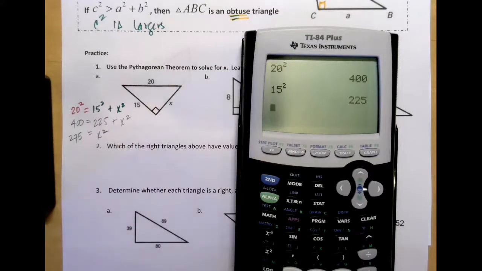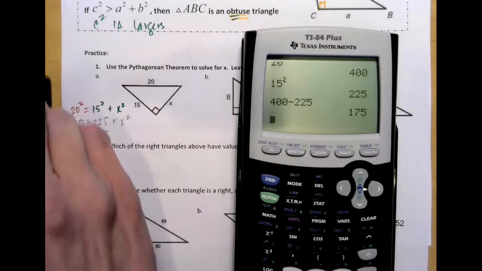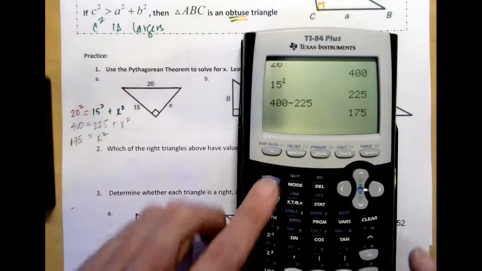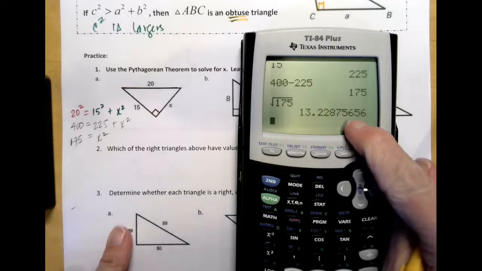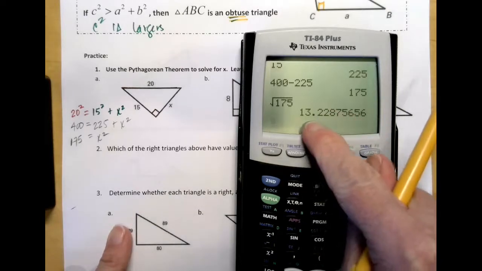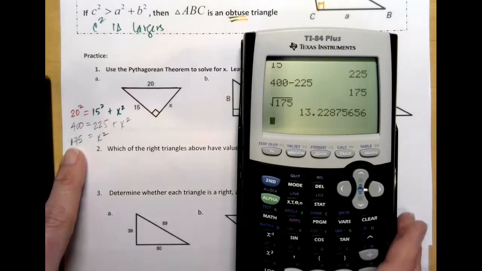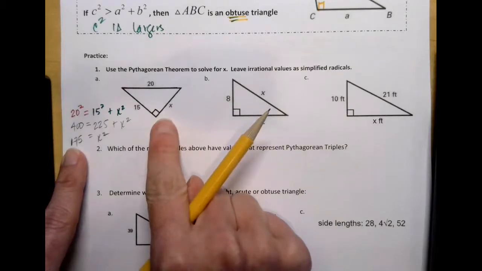And I know that if I go to take the square root of 175, that's going to give me an irrational number with decimals that never end. So I don't get a whole value, which, by the way, tells us this is not a Pythagorean triple.